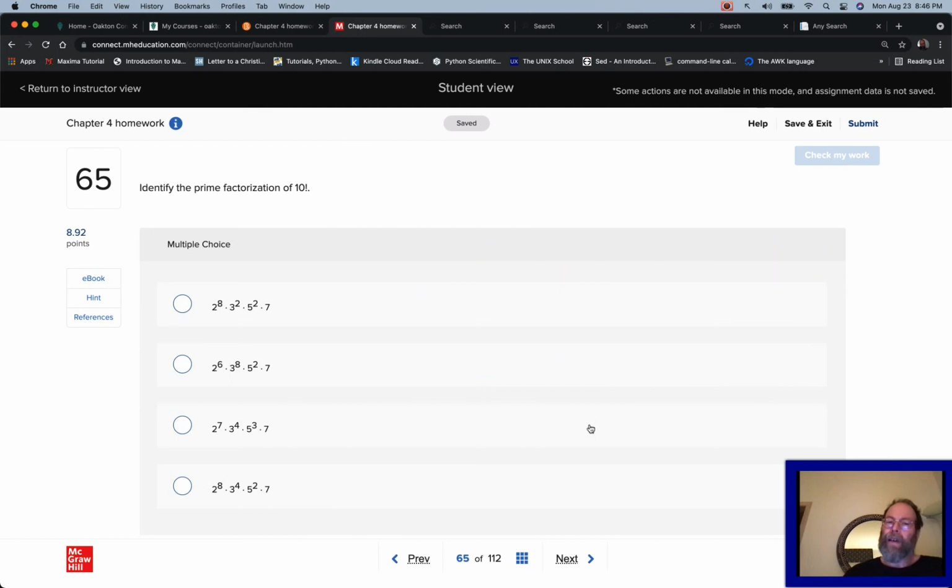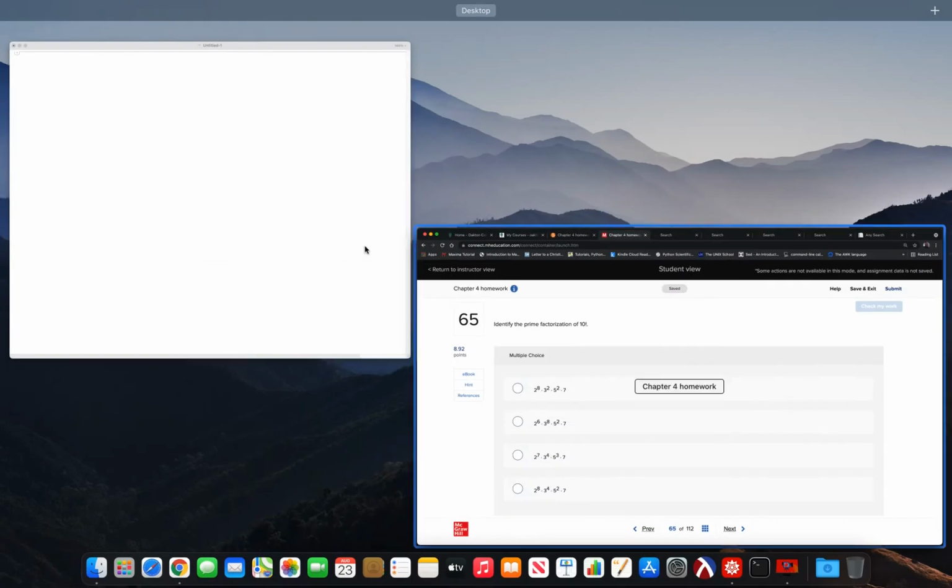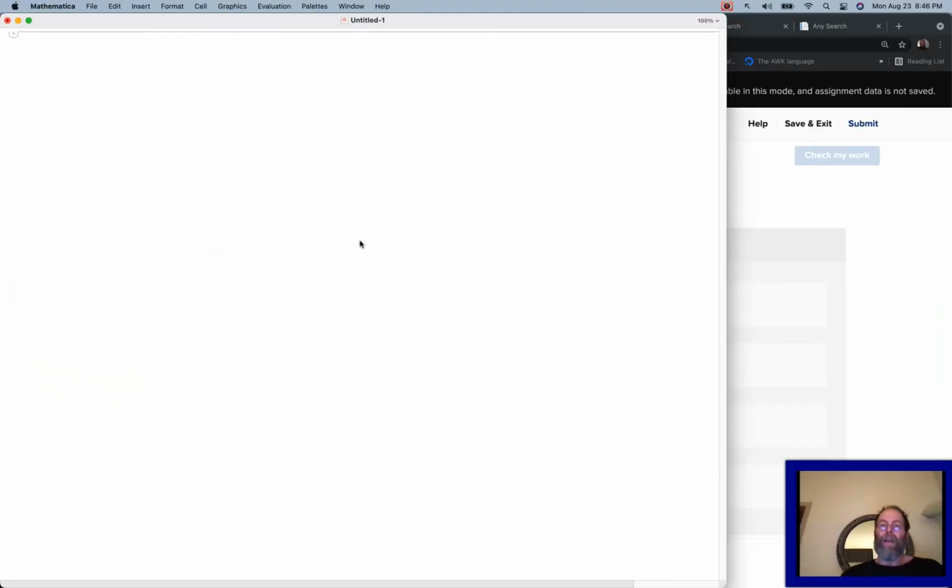Let's see if we can use Mathematica to help us solve this problem. Okay, so basically, there are several things we can do. Let's say that I want a list of prime integers from 2 to 100. 2 is the smallest prime integer.